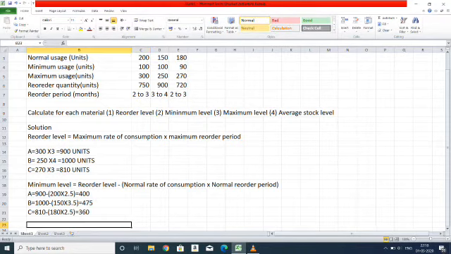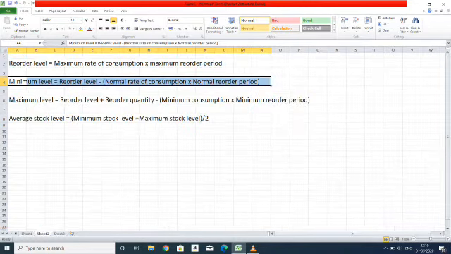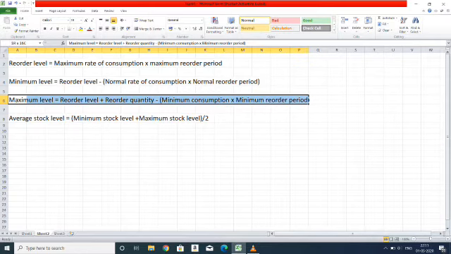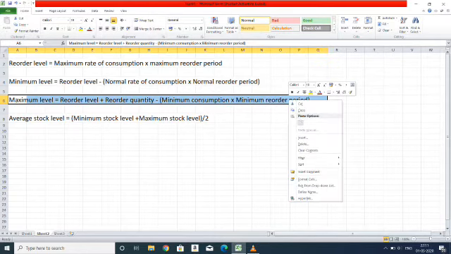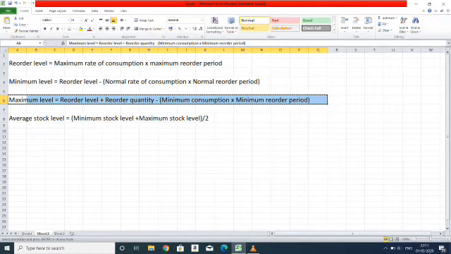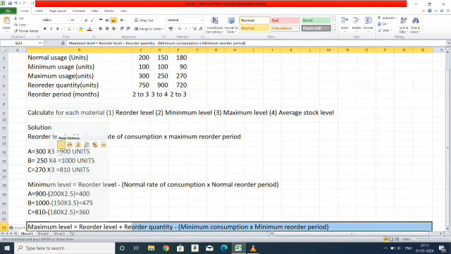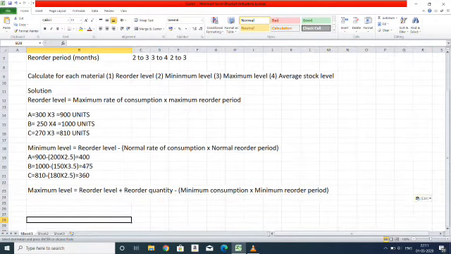Next we have to calculate maximum level. Maximum level is equal to reorder level plus reorder quantity minus minimum consumption into minimum reorder period.